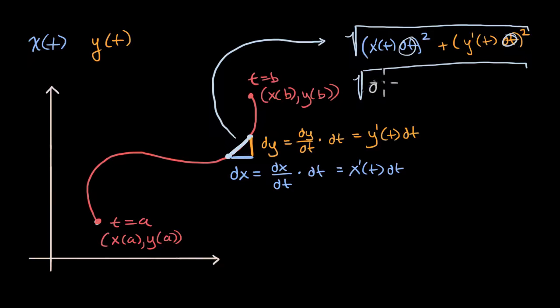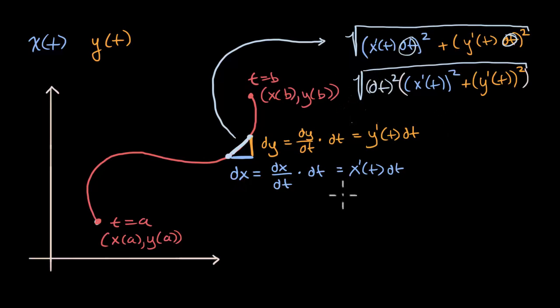So we could write this as dt squared times x prime of t squared plus y prime of t squared. And to be clear, this is being multiplied by all of this stuff right over there. Well, now if we have this dt squared under the radical, we can take it out. And so we will have a dt.